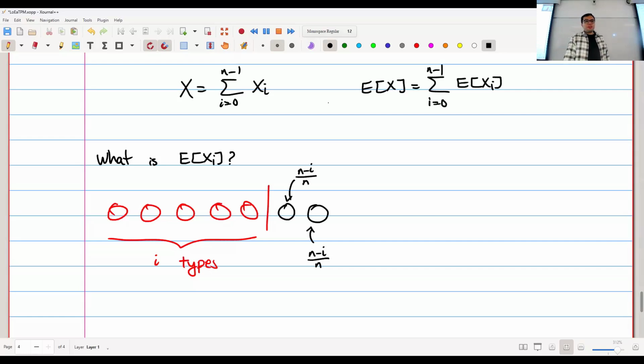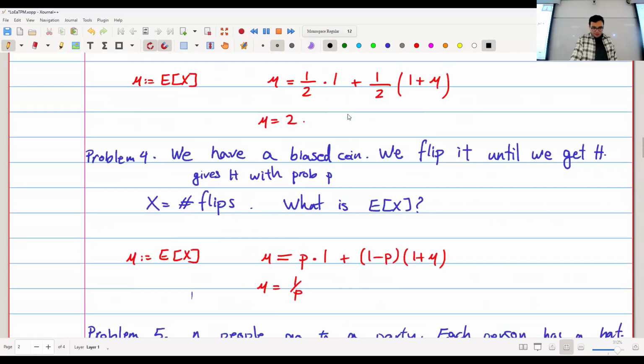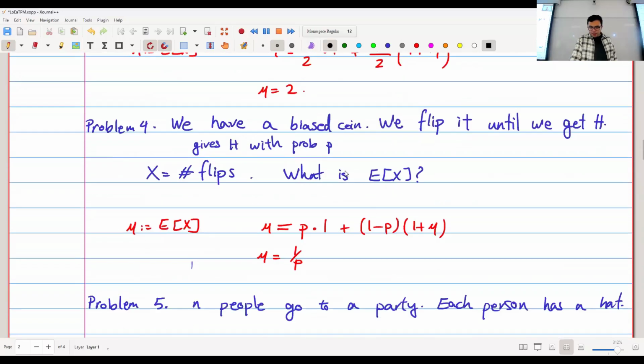Does this problem look familiar to you? This is again back to the problem where I had a biased coin and I flipped it until I got heads. So getting heads is my success. Here I was succeeding with probability p every time, and I said that the expected number of flips is 1 over p.